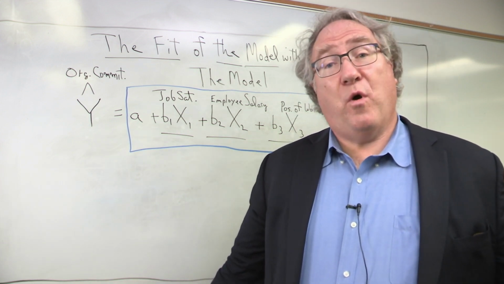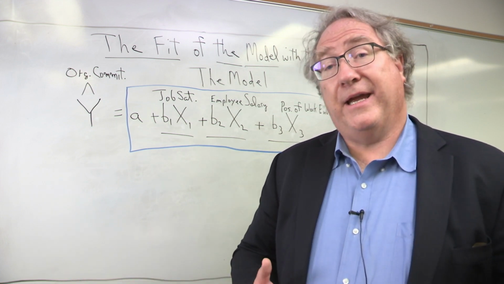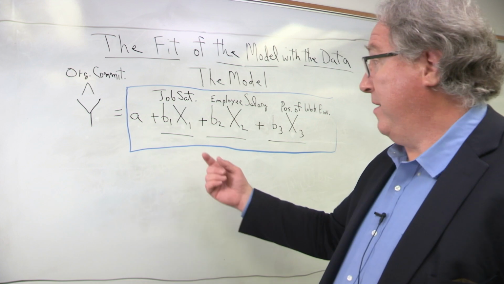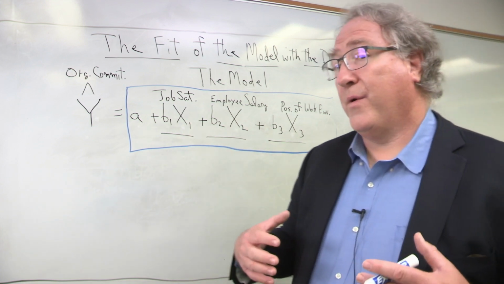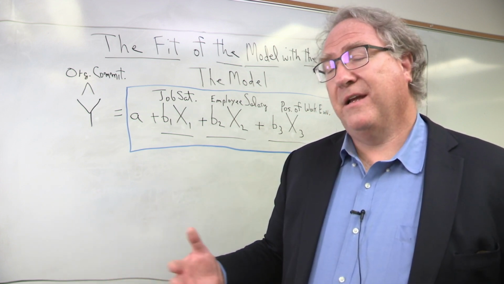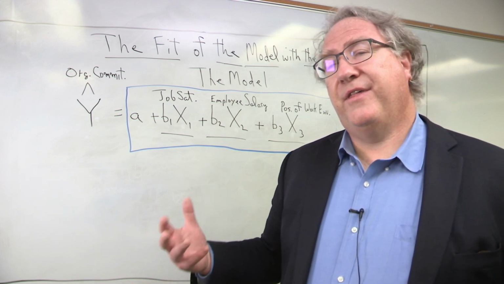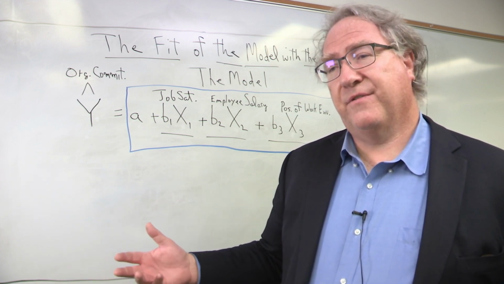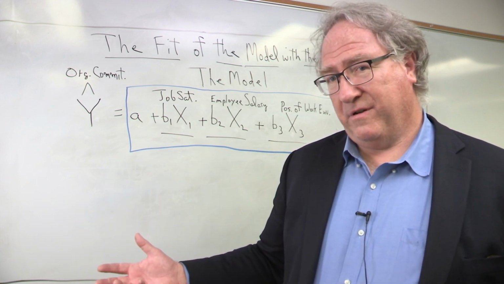All right, so there you are. That is what is meant by the model. It is the set of predictor variables that we're testing. But once we acknowledge that, it also concerns the predicted values from the model on the outcome variable measure.